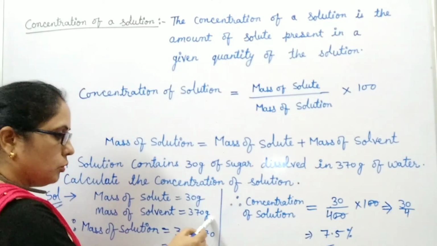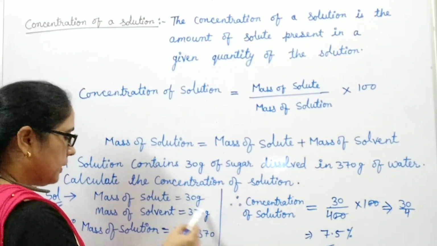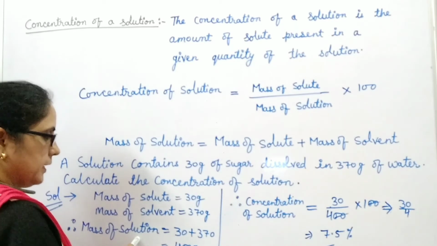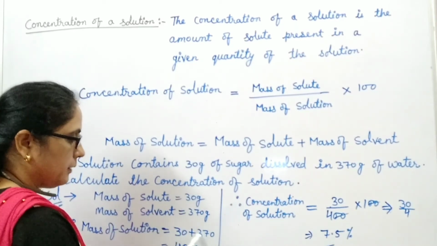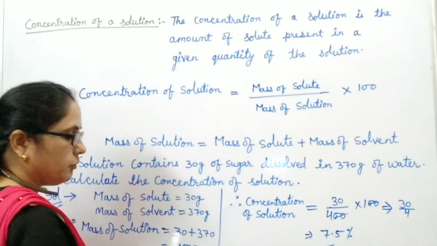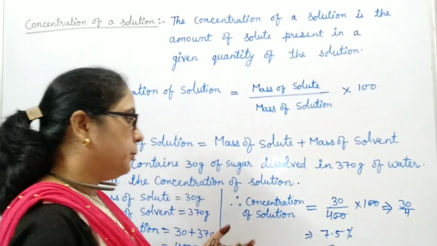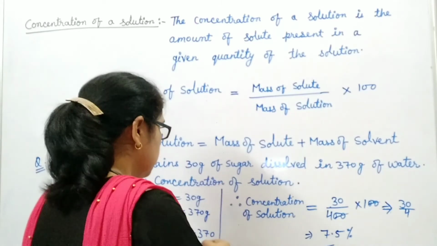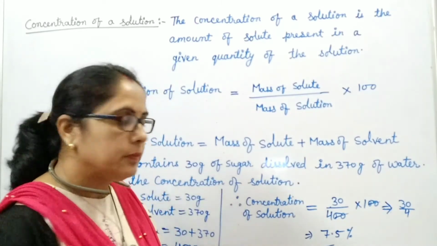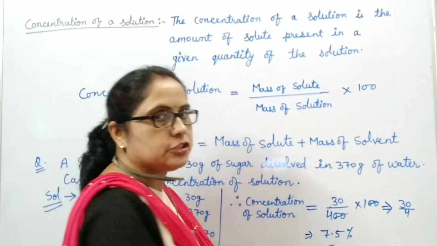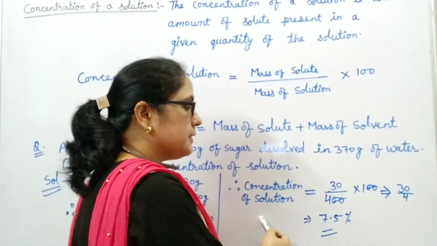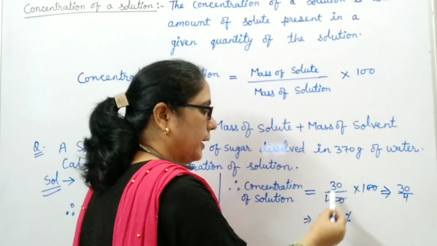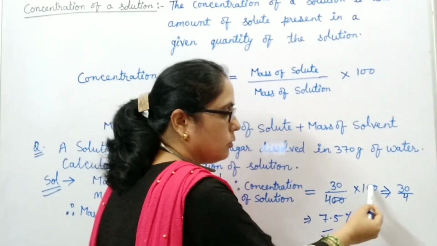By using these two, when we add these two, we get mass of solution is mass of solute plus mass of solvent. That is 30 plus 370, it is 400 gram. Now, by putting the value of mass of solute and solution, we can find out the concentration of solution, because we know that concentration of solution is mass of solute by mass of solution into 100.